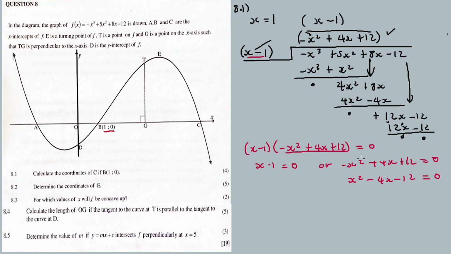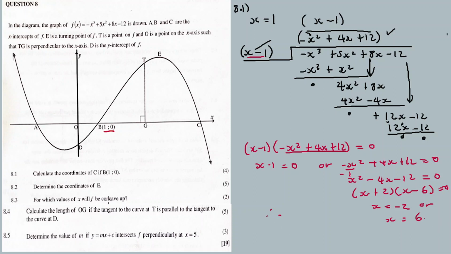So I want my x squared to be positive, divide by minus 1 throughout, then these signs change, take out the common factors. Is it 4 times 3, no 6 and 2, so here it's plus 2 minus 2, so x is equal to minus 2 or x is equal to plus 6.